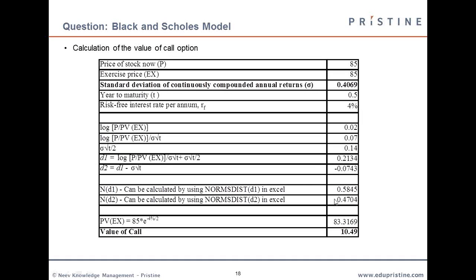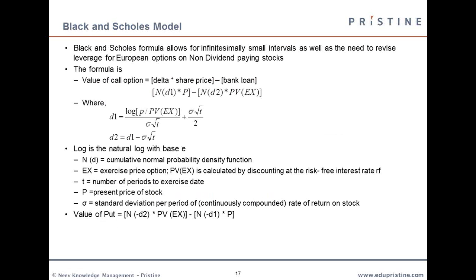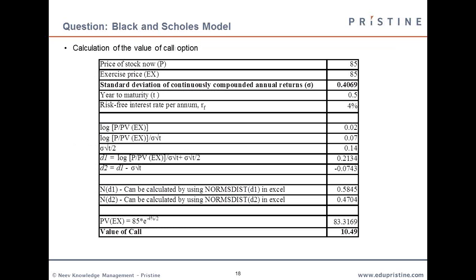And then you can find ND1 and ND2 using the probability tables that will be given to you in the exam, or you can simply type in NORM.S.DIST of D1 in Excel to get the value, which are 0.58 and 0.47 here, and the present value of the exercise price is found out, and finally the value of call is simply this ND1 into P minus ND2 into present value of exercise price, which will come out to 10.49.